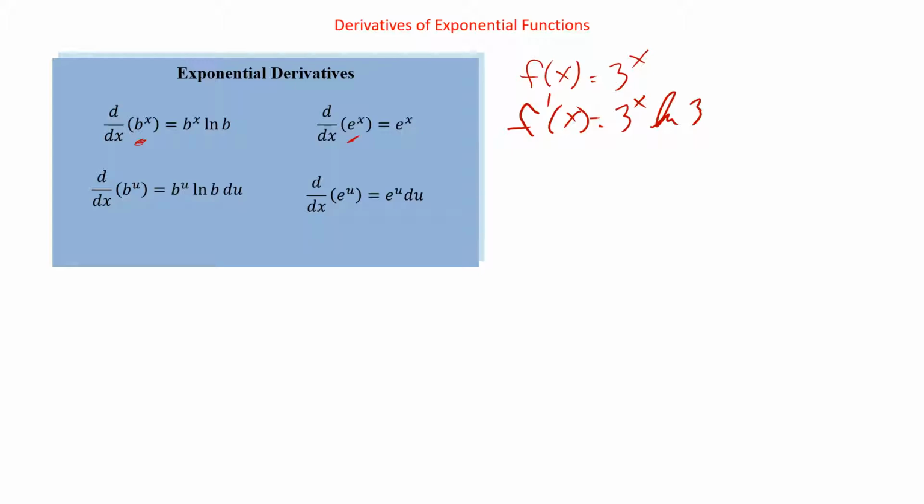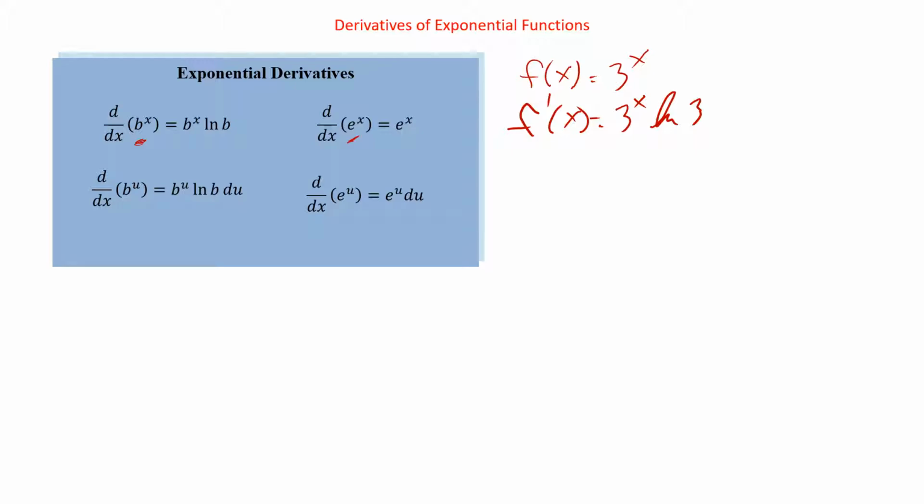The cool thing about e is the natural log of e is just 1. So the derivative of e to the x is e to the x. It is its own derivative. That's awesome. That is why e is my second favorite irrational number. And so obviously you're not going to get e to the x too often. I mean, you will when we start doing applications and stuff like that.